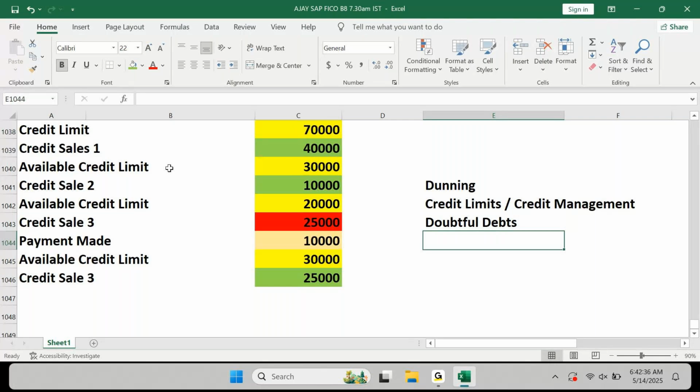Doubtful debt means an amount that may be collected or may not be collected. You are doubtful whether you will collect it or not. If you are not able to collect any amount, is this a profit or a loss to the company? A loss to the company.